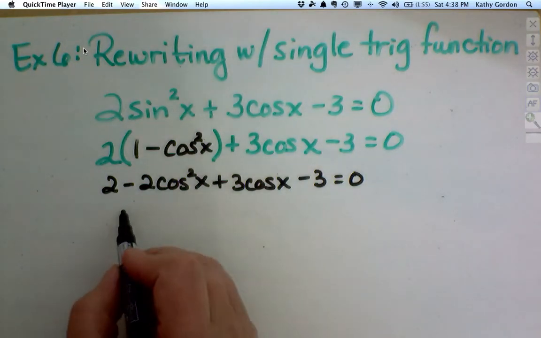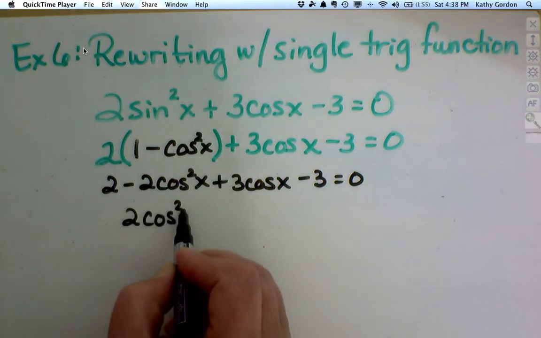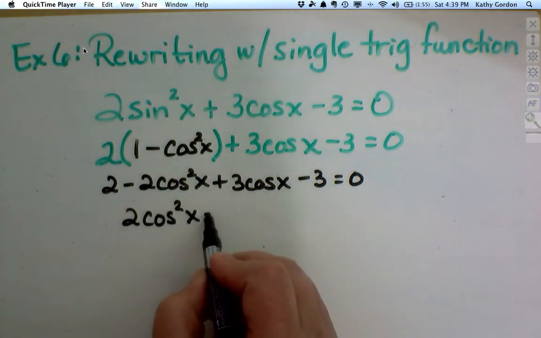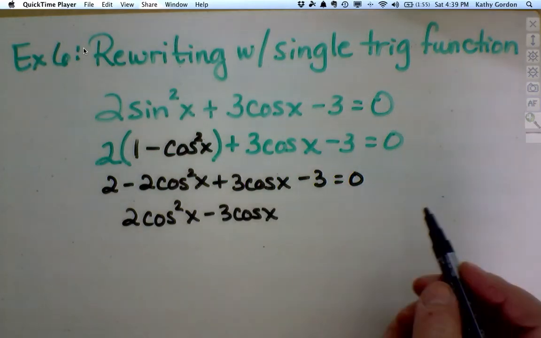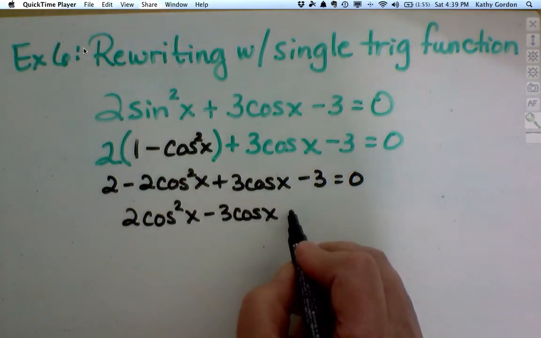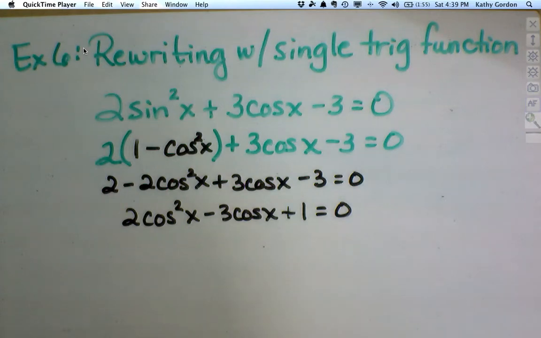So either way, we end up with a positive 2 cosine squared x, a -3 cosine x, and then a positive 1 for our constant. And again, all of that's equal to 0.